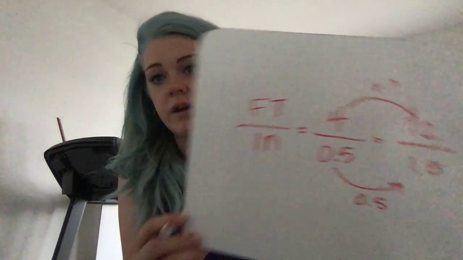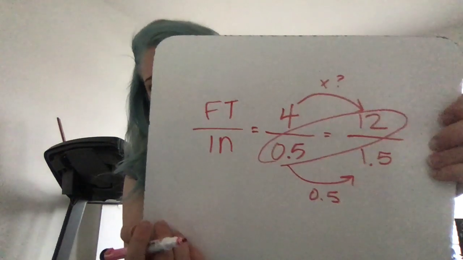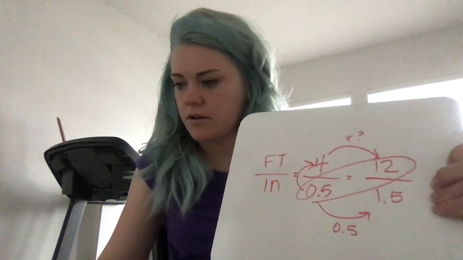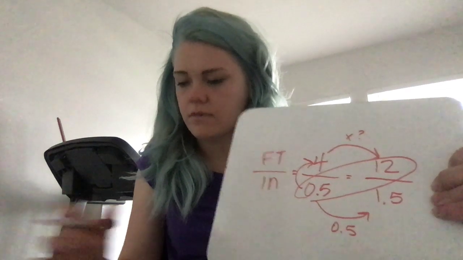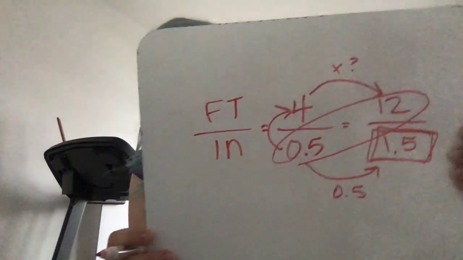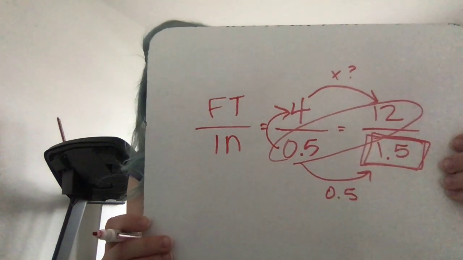I'm going to cross multiply just to make sure I'm doing it correctly. So 0.5 times 12 is 6. 6 divided by 4 is the 1.5. So there are lots and lots of different ways to solve these scale factor problems.